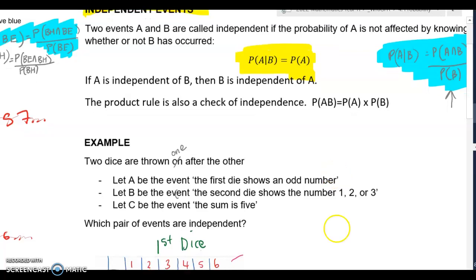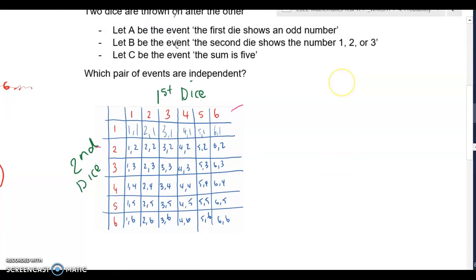So I've put a table down below which shows the values that we would get in throwing our first dice and our second dice. You could also use a tree diagram for this. It would be messy, so I've chosen to do it this way. This is the way I did it in exercise 10B, but if you like, you could do a tree diagram instead, whichever way you like.